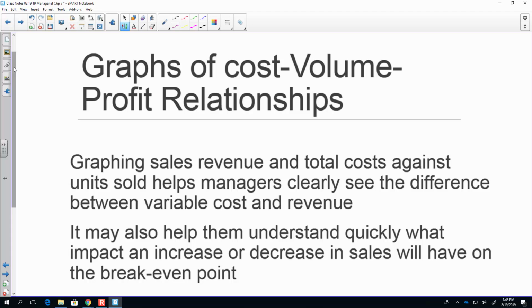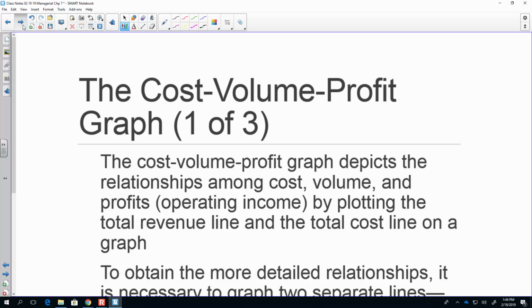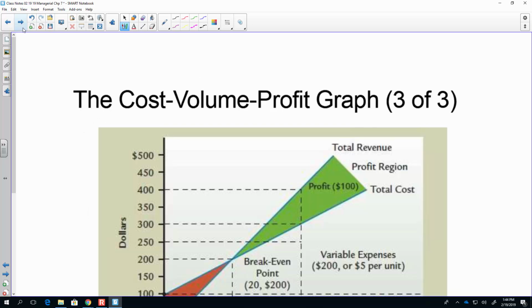On pages 347, 348, 349 then, we jump into using graphs to explain how these costs relate to sales, relate to profits. And it's very simplistic. It's not anything fancy.